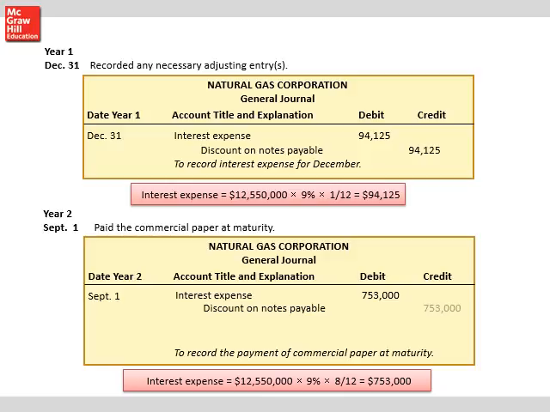That'll be a credit. And then we're going to debit the notes payable for $12,550,000, and then we're going to credit cash for $12,550,000, and that takes care of both the interest and the principal on this commercial paper.